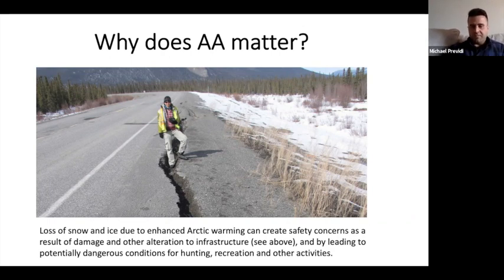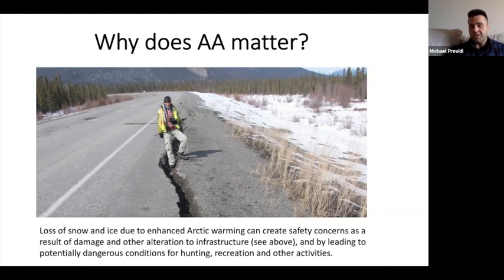First of all, when we have enhanced Arctic warming, as we've been discussing, we lose the cryosphere over the Arctic, so we lose the snow and ice over the Arctic, and that's important for a number of reasons. It can lead to damage and other alteration to infrastructure, as shown in this picture here. This is a picture from somewhere in the Arctic. I don't know exactly where, but what's shown here is the collapse of a roadway that occurred because of the melt of permafrost.